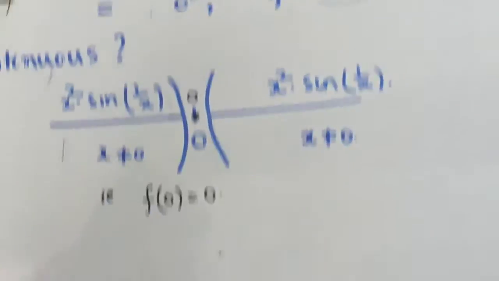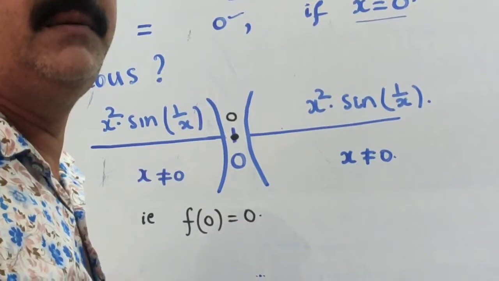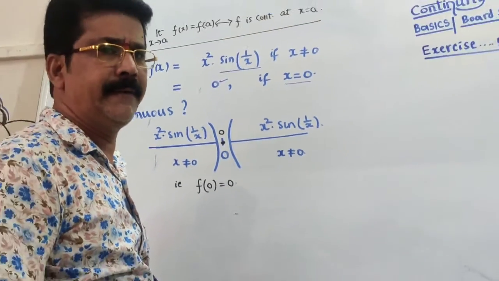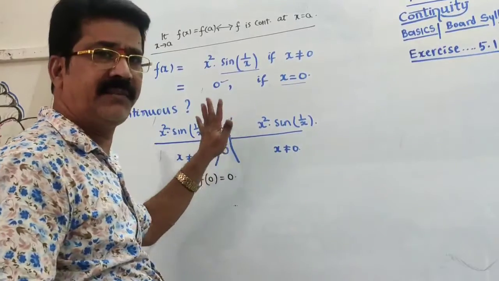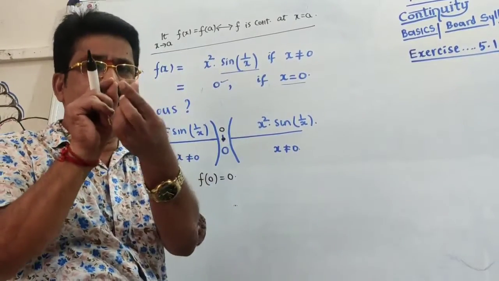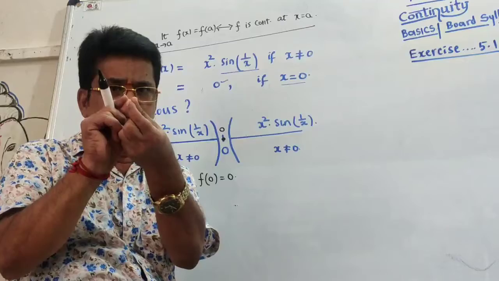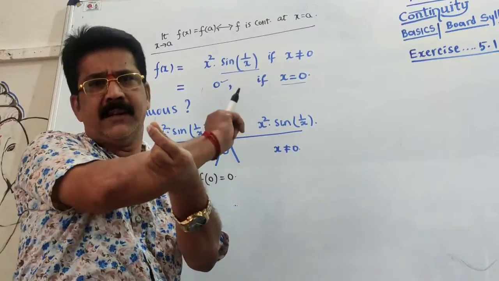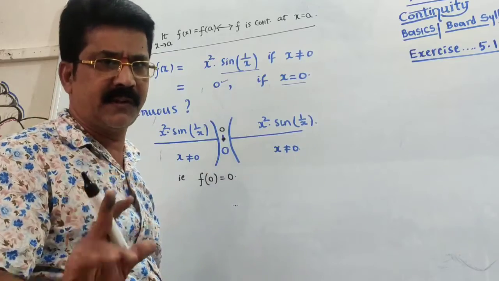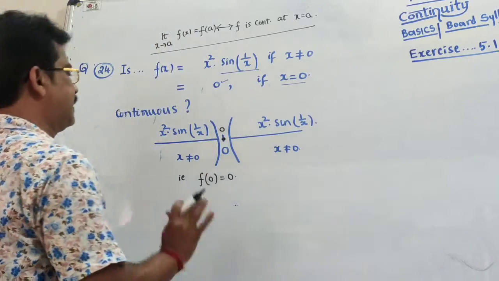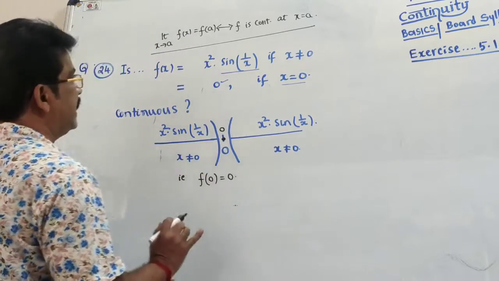So we are not going through left hand limit and right hand limit. We are not using that method because once again it is not a discrete function. Functions like 'at x equal to a so and so, when x not equal to a so and so' are not discrete functions. Remember. Okay. Next, f of 0 equal to 0.